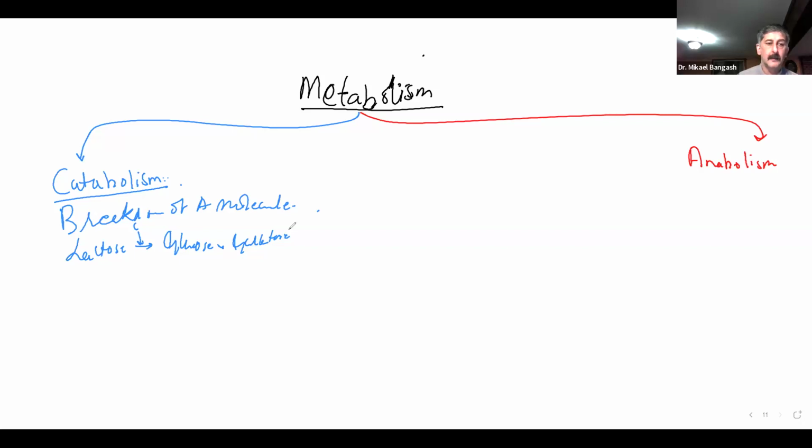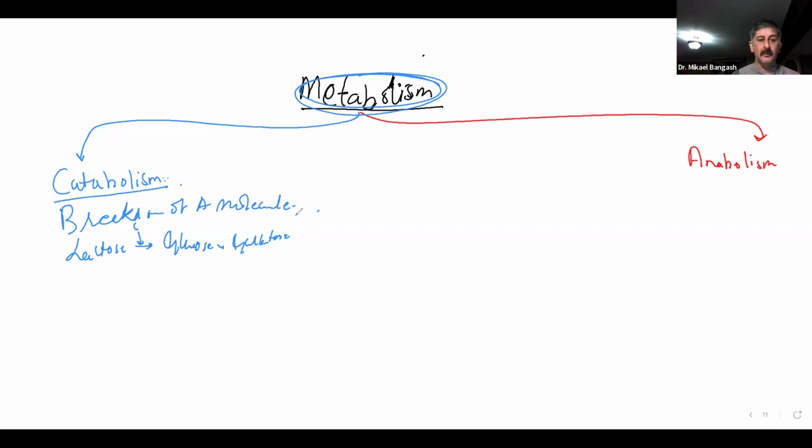That makes sense? Okay. But generally, catabolism is what people commonly assume the word metabolism means. For me, it's the breakdown of any molecule, bigger or smaller, into smaller molecules or compounds.